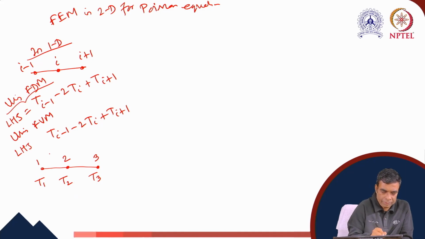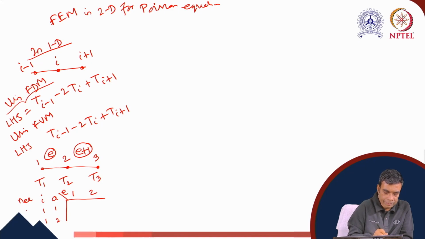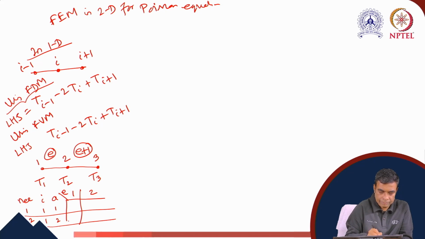So if this is element E and this is element E plus 1, then we know that our LM array can be written for element E as 1, 2, and for element E plus 1 as 2, 3. So here, for the first element, the equation numbers are 1 and 2, and for the second element, the equation numbers are 2 and 3.